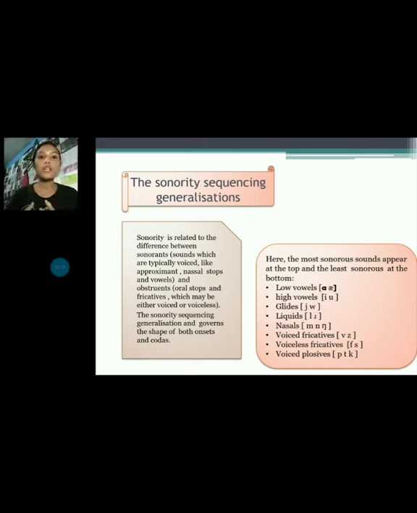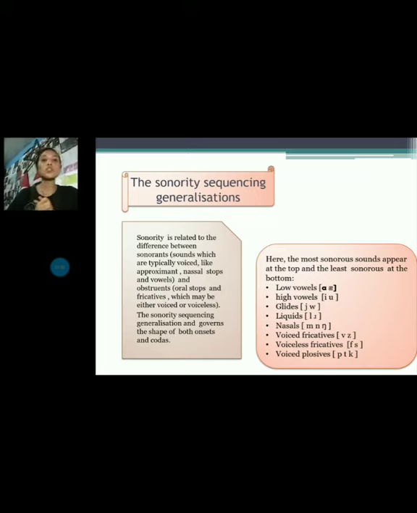Sonorants are sounds which are typically voiced, like approximants, nasal stops, and vowels, and obstruents are oral stops and fricatives, which may be either voiced or voiceless. The sonority sequencing generalization governs the shape of both onsets and codas.